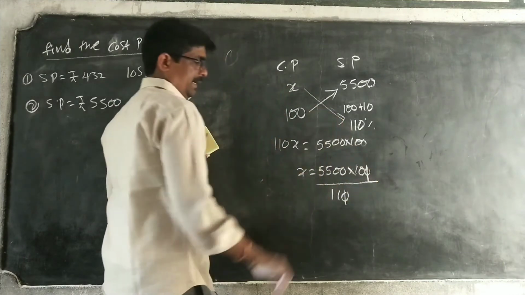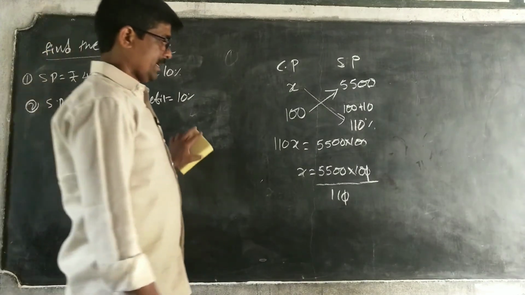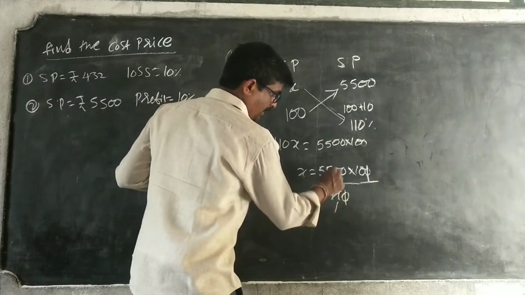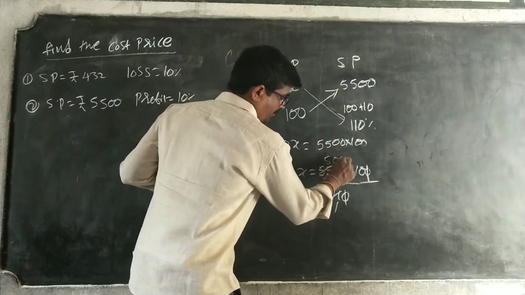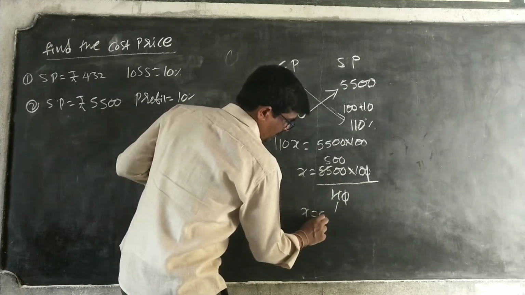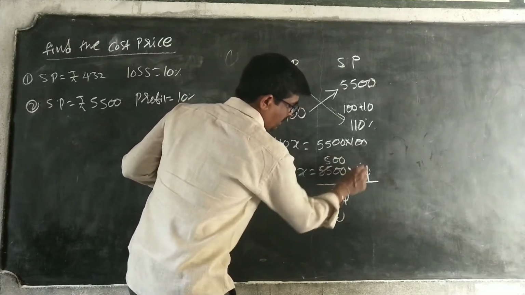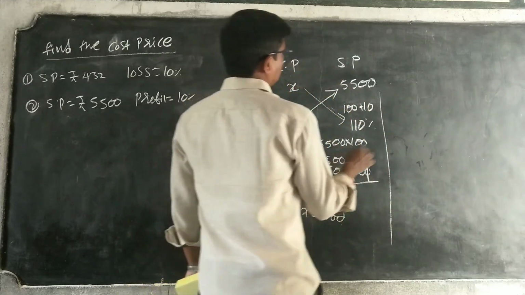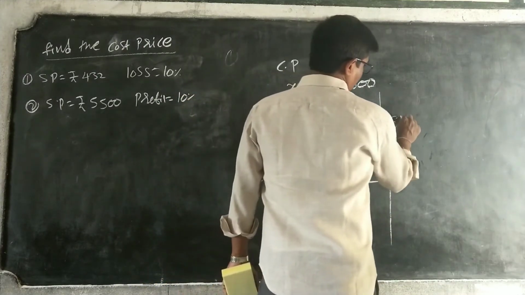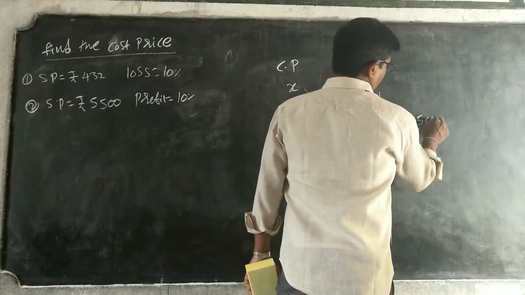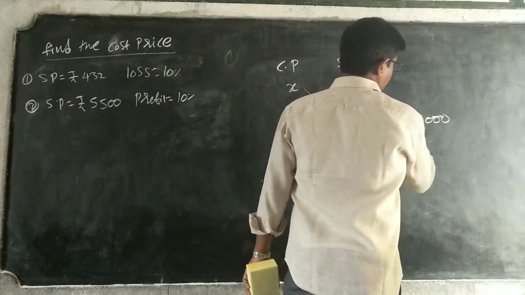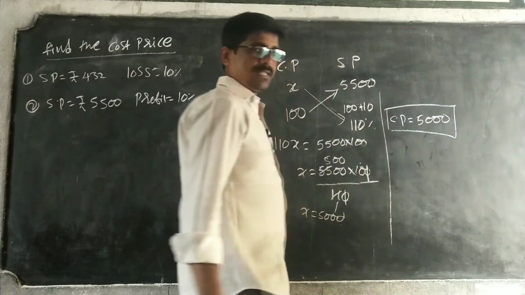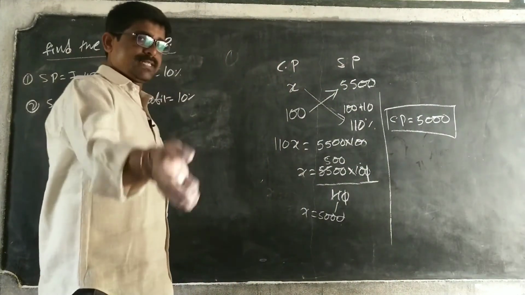The 0s get cancelled, the 0s get cancelled. 11 1s are 11, 11 5s are 55, so 500. x is equal to 5,000 rupees, because 500 into 10 is 5,000. Therefore, cost price is equal to 5,000. Simple thing. Next problem.